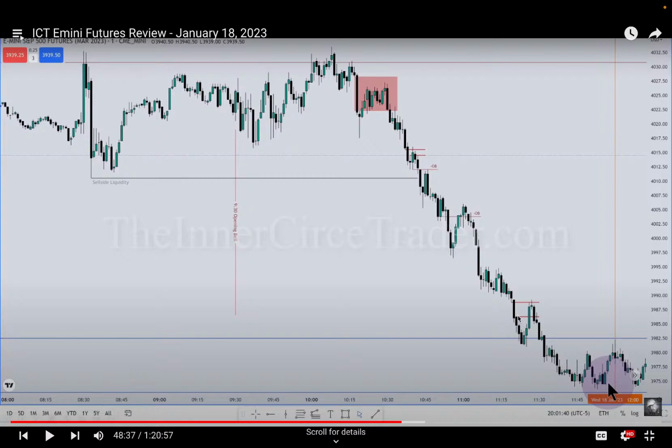So as it was leaving this fair value gap, it created a bullish one and a bearish one. So it balanced the price range, and it doesn't need to come back up into it. Basically, it filled both of these inefficiencies with what it needed.